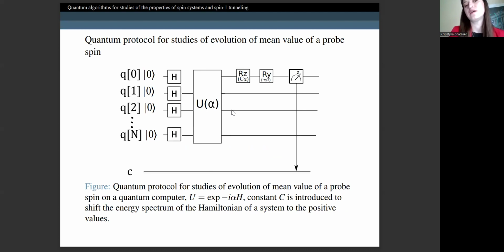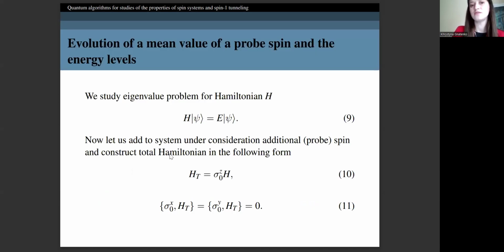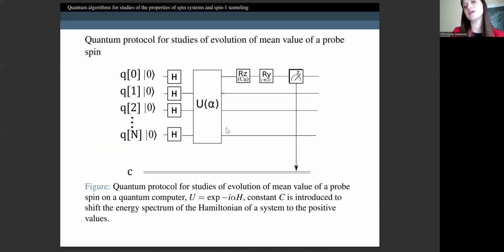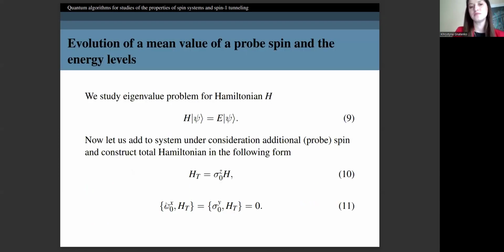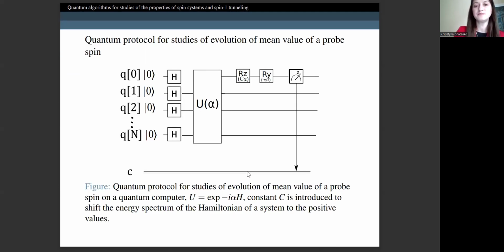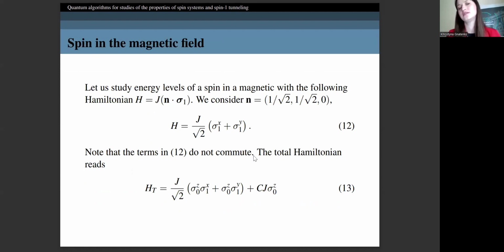Also, we have to prepare this operator of evolution corresponding to this system and with this total Hamiltonian. And then we have to consider the evolution of the mean value of some operator, which can be sigma x or sigma y.